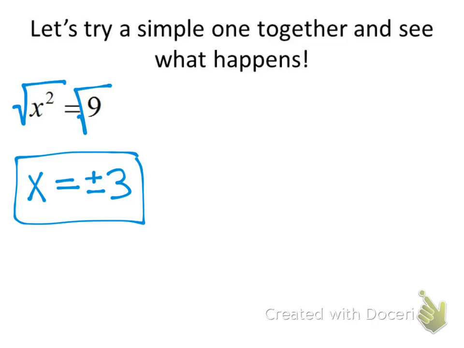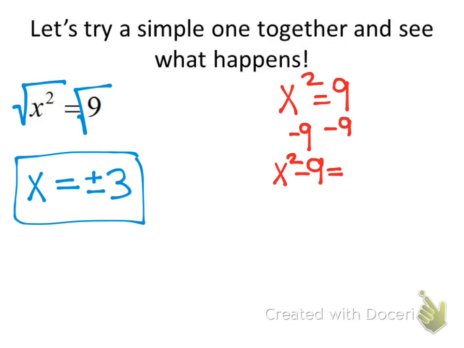So let me show you something off to the side. And you don't need to write this down. I just think this is kind of cool to look at. What would happen if I wanted to put the 9 over here? What would I have to do? I could just subtract it, right? That would leave me with x squared minus 9 equals 0.